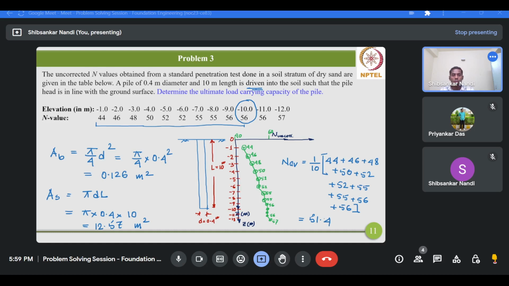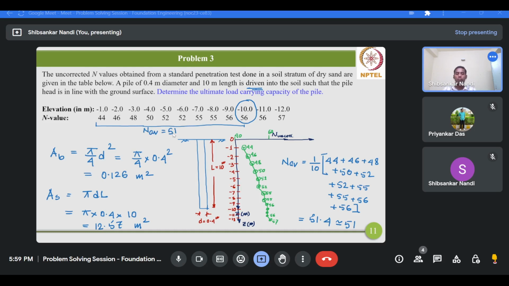If you take an average of all these 10 values, I hope the average value would become 51. Let me check it once. Yes, it's 51.4. So you can take this value as 51.